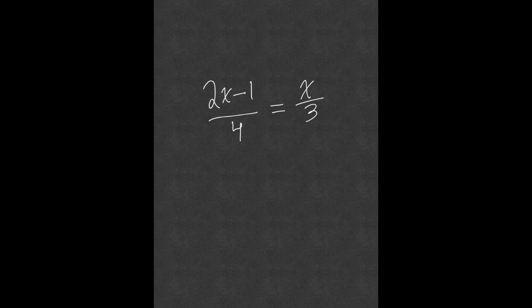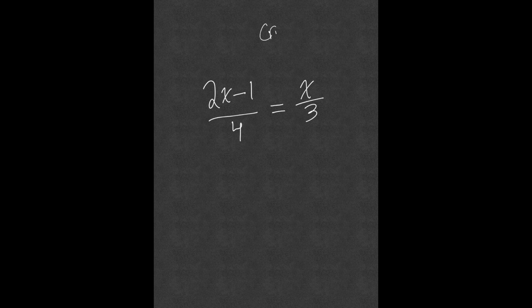All right. So again, I've said this before, but there's many ways of thinking about how to solve for x here. And I think one of the most memorable ways, and the one I'll use today, is something called cross multiplying.